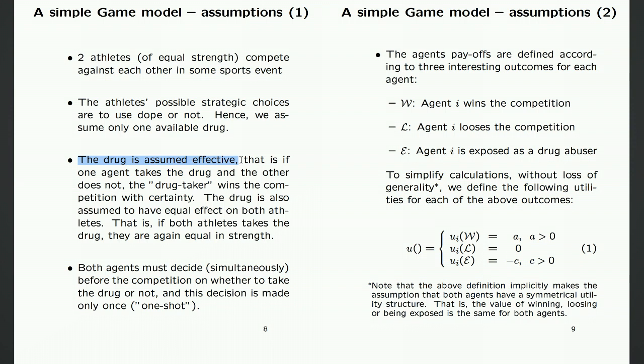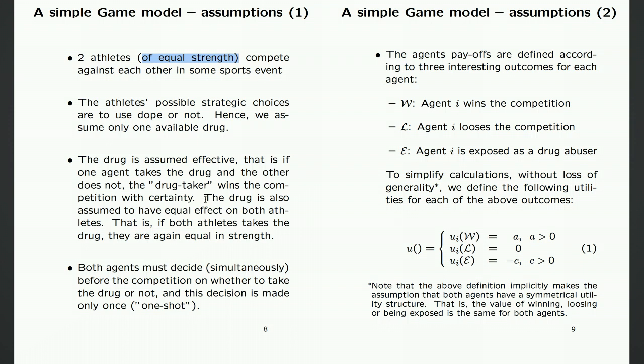And of course, given assumption 1 here, if there is a certain effect to the drug, then the guy who takes the drug, if the other doesn't, will win with certainty. Furthermore, it says here that the drug is also assumed to have equal effect on both athletes. Okay, that doesn't seem like a big assumption or a grave assumption.